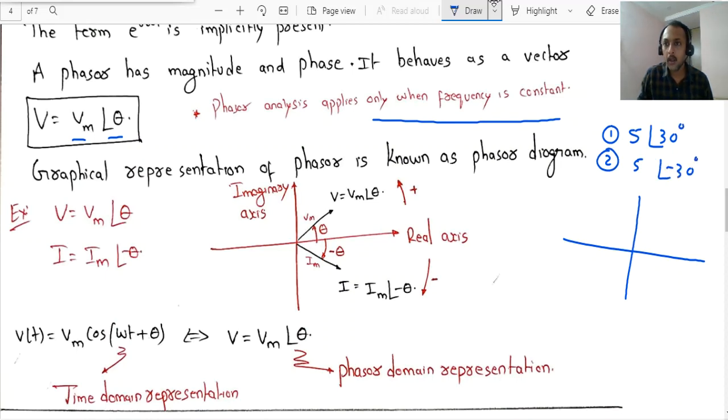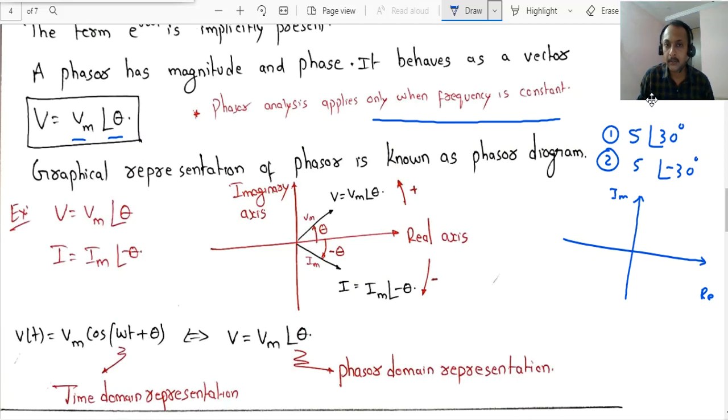If you want to draw this in the form of a phasor diagram, phasor representation, you observe whether the angle is plus or minus, magnitude wise everybody will take the same length. A line of length some 5 centimeters or 5 units, not a problem. And this is the real axis, and this is some imaginary axis, let it be.